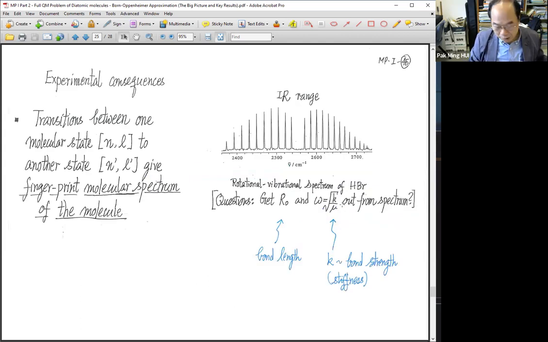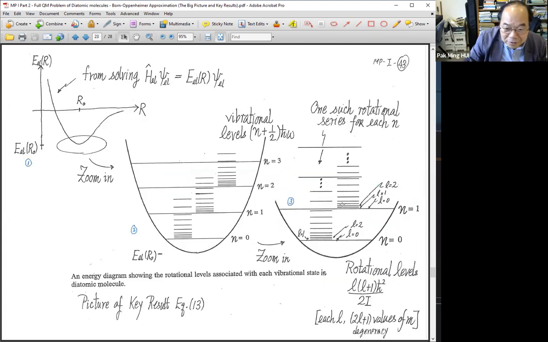What is the consequence? We will discuss this in the last part of molecular physics, but I would like to show you so what about this figure? Okay, now believe it or not, if I have a molecule excited going from here, it could go down to there, for example, okay?